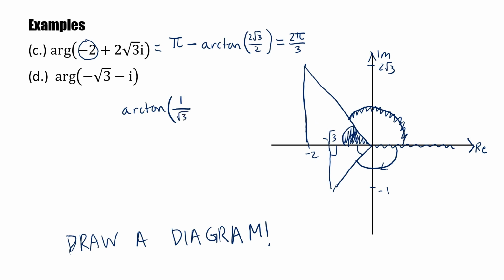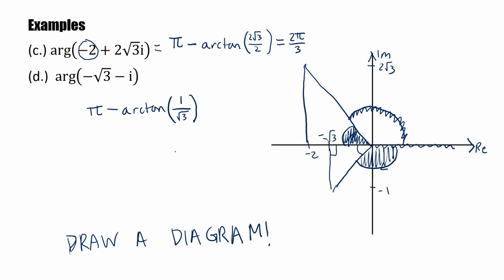Again, it's technically minus root 3, but I'm not going to include the minus, because again, you get complacent if you try and assume the minus sign's been accounted for already. That will come to pi over 6, but of course that's not our final answer, because we want this angle here, and therefore we can see we have calculated the wrong one, so we've got to do pi minus our angle to calculate the actual angle we want.